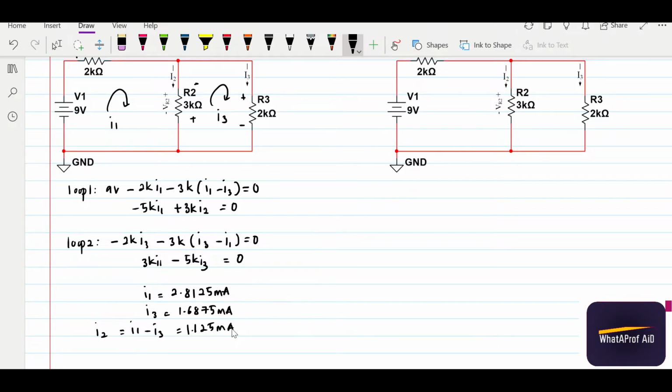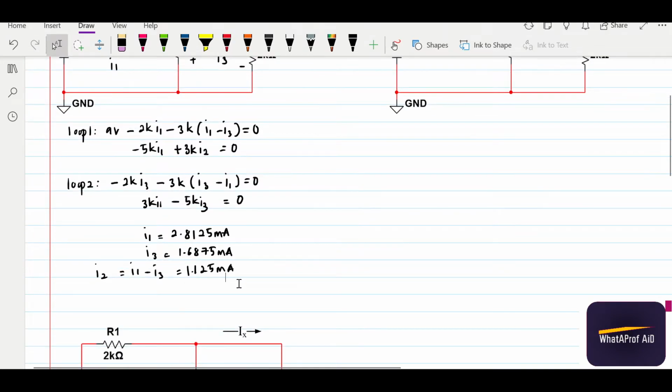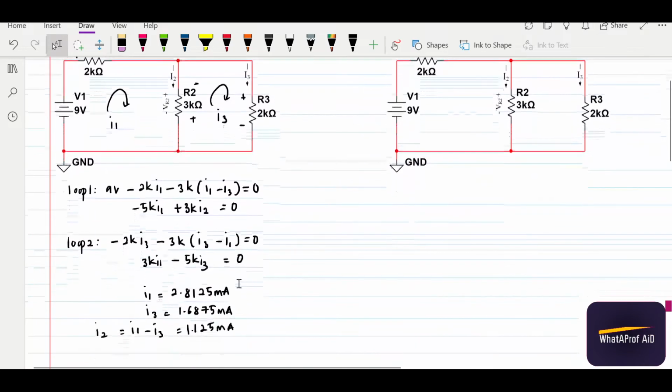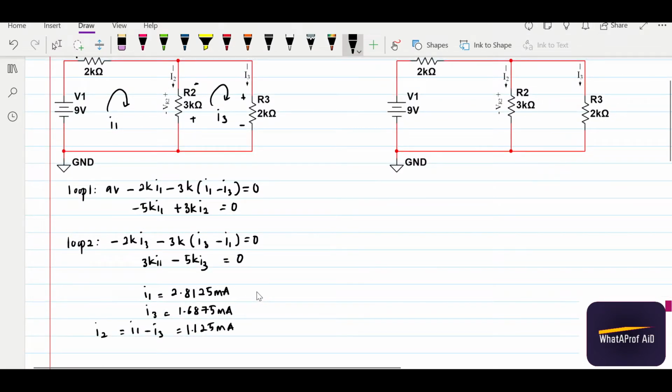And if you want to obtain the voltage across this resistance, this answer should be similar to the previous analysis. VR2 equals I2 times R2. This current multiplied with resistance, we will have 3.375 volt. Okay, so this analysis is complete.